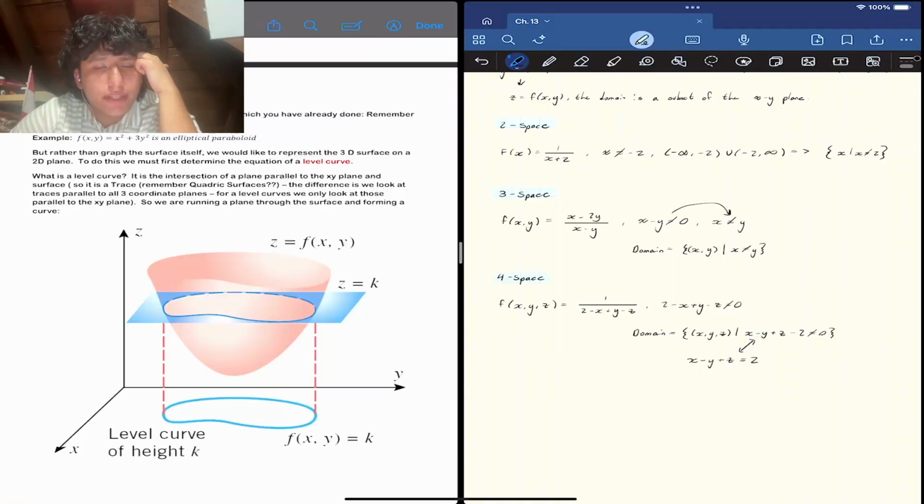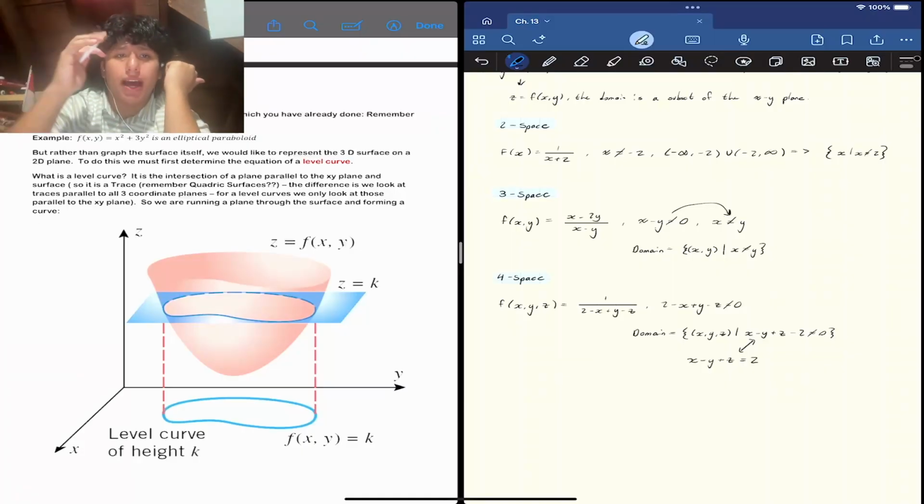So we're running a plane through the surface and forming a curve. That does make sense. Here it's giving us an elliptical paraboloid where z is equal to f of x and y.